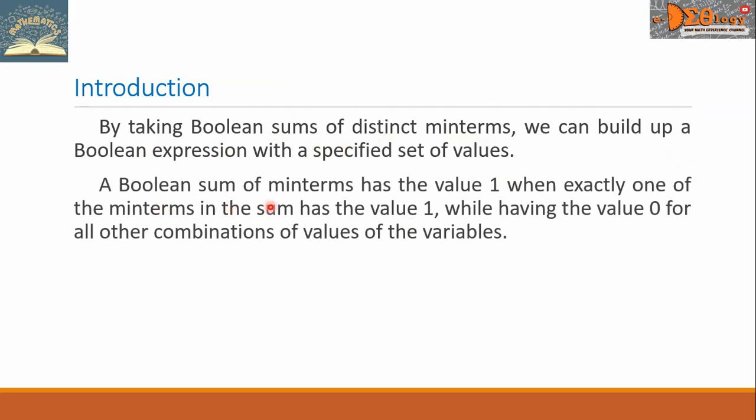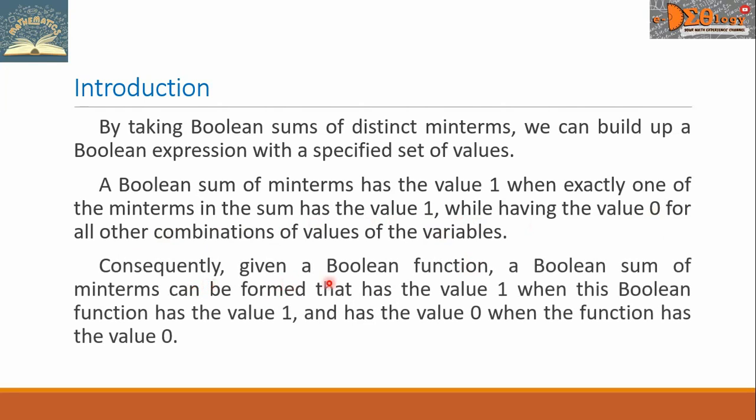A Boolean sum of min terms has the value 1 when exactly one of the min terms in the sum has the value 1, while having the value 0 for all other combinations of values of the variables.